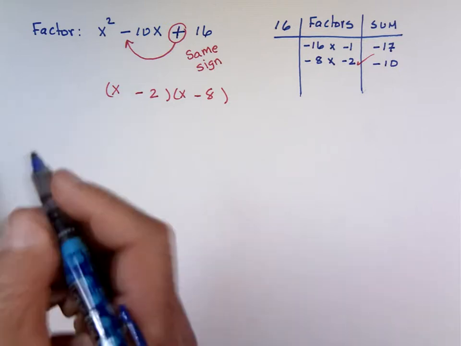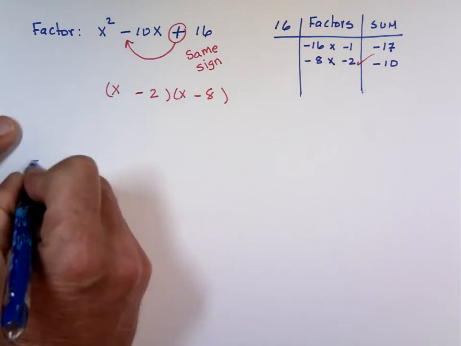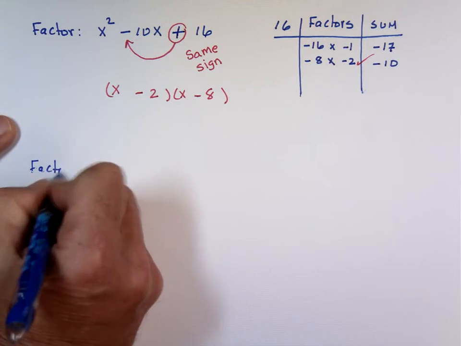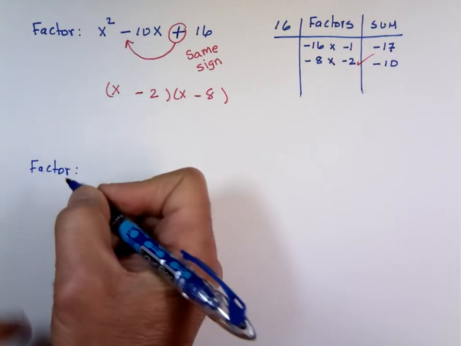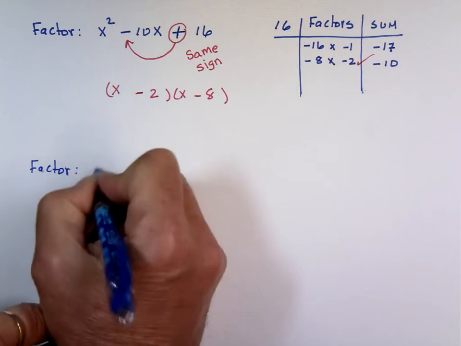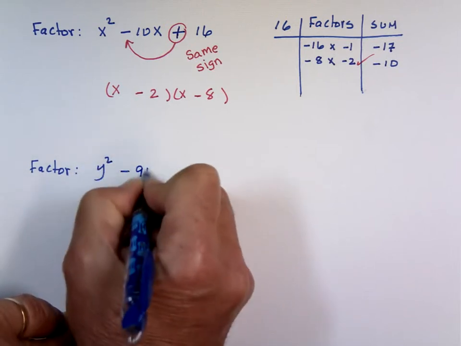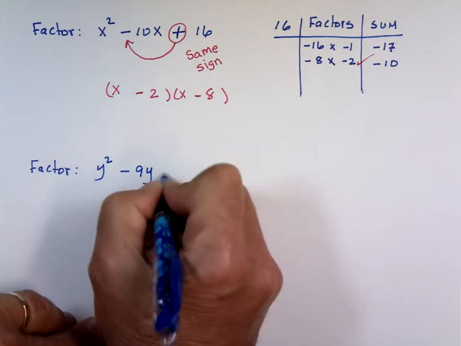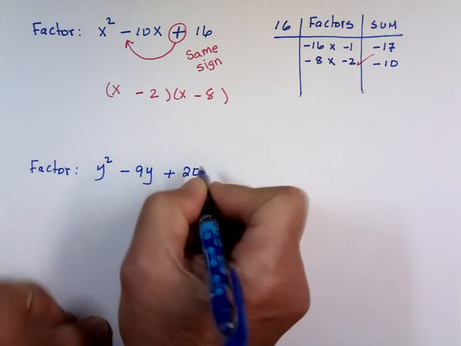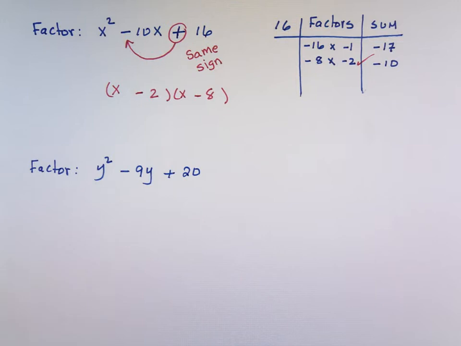Factor y squared minus 9y plus 20. Again, the same sign.